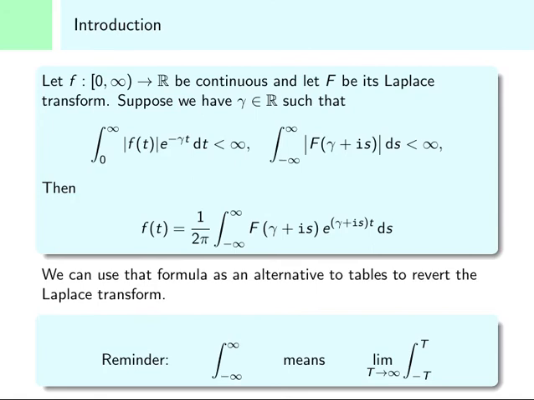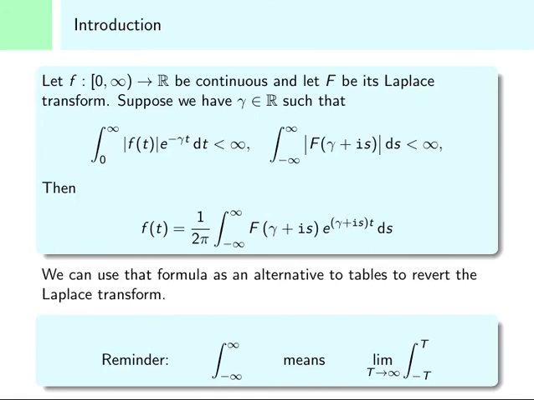just an abbreviation for taking the limit as t goes to infinity of the integral from minus t to plus t. Now, those two integrals involving capital F, it makes sense to visualize those.